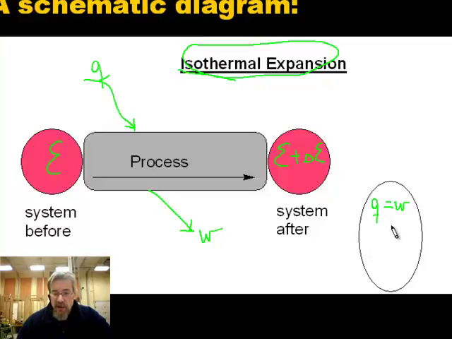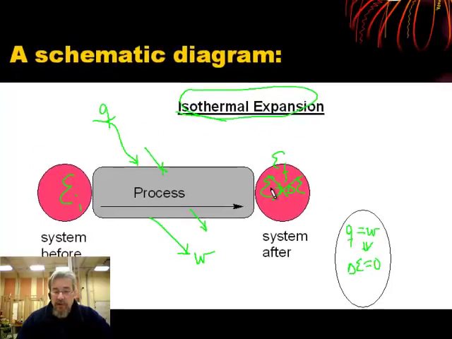Well, if Q equals W, then the same amount of energy went in as went out, and so delta E really is 0. That's what that means. So delta E being 0, the energy before and the energy after, same amount of total internal energy.